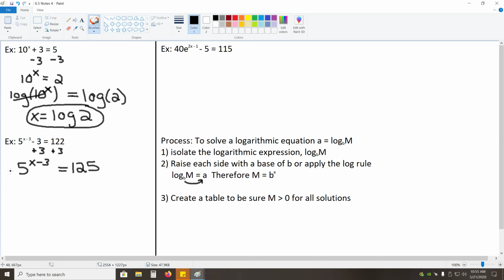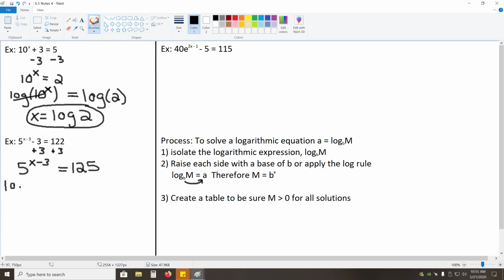And now from here, there are a couple of ways that we could approach it. The first is we could take log base 5 of each side of the equation. But we don't have to go through it that way. This actually works out to be like our first type of equations that we were dealing with, where we could change 125 to 5 to the third power. But let's go ahead and stick with the process we just used.